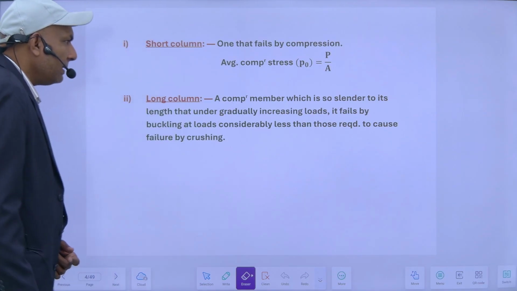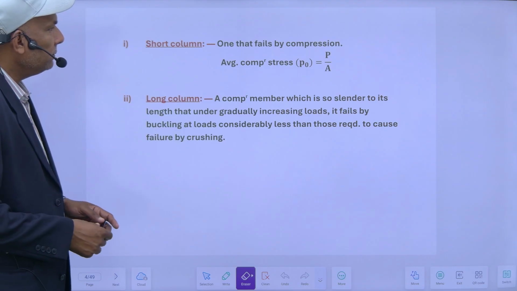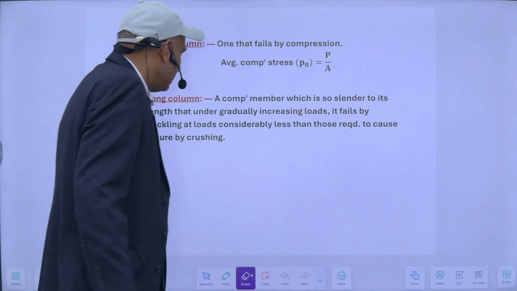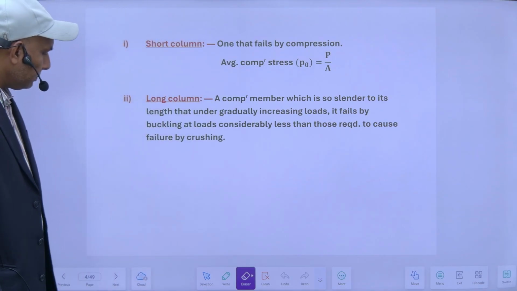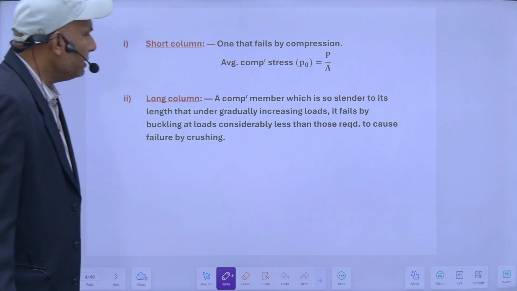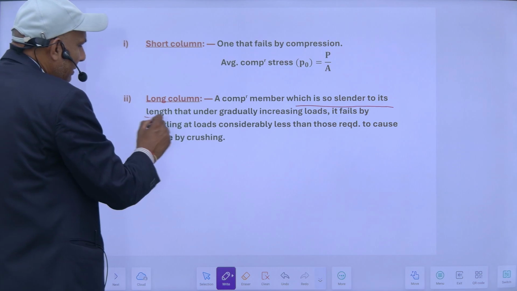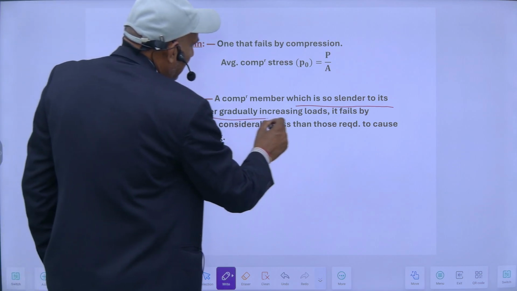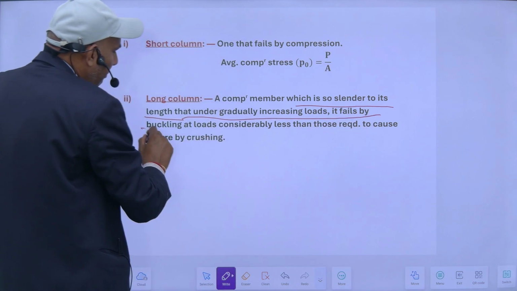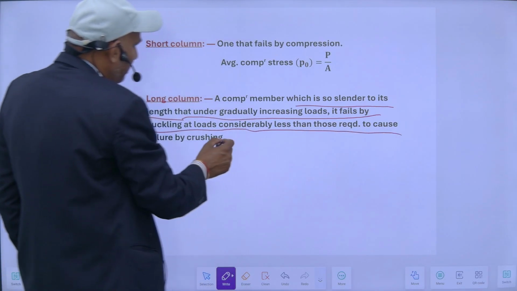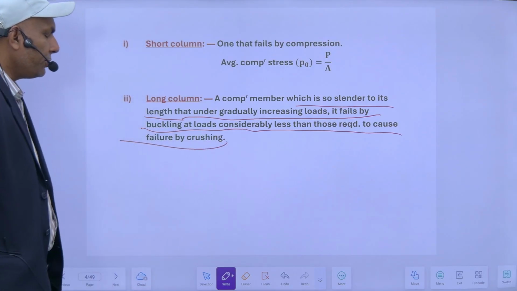A short column is one that fails by compression, where the average compressive stress is equal to load upon area. A long column is a compressive member which is so slender, so long relative to its width, that under gradually increasing load it fails by buckling at loads considerably less than those required to cause failure by crushing.